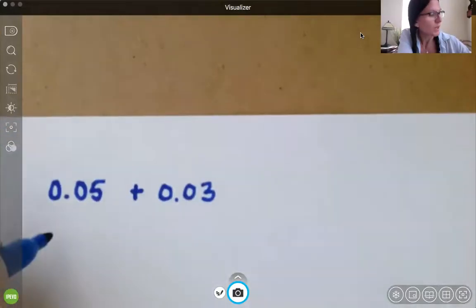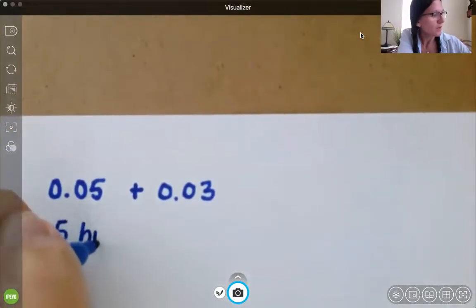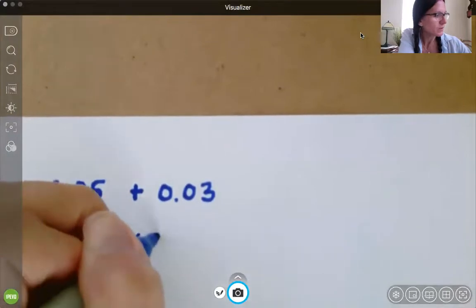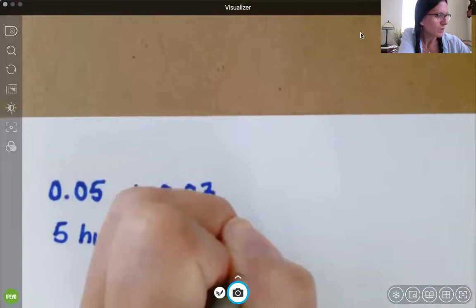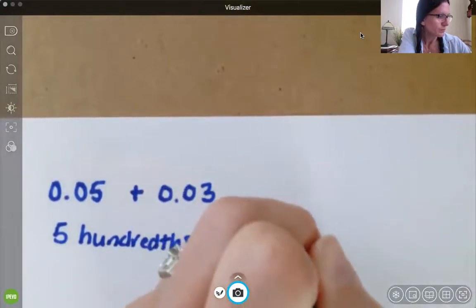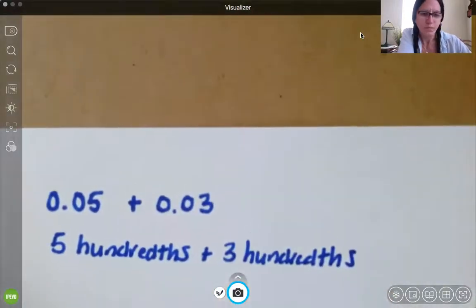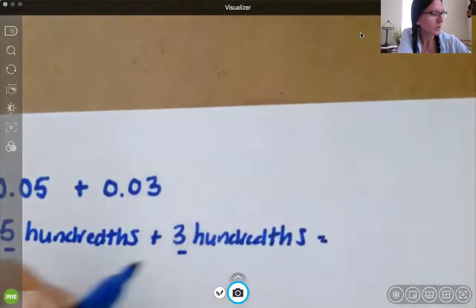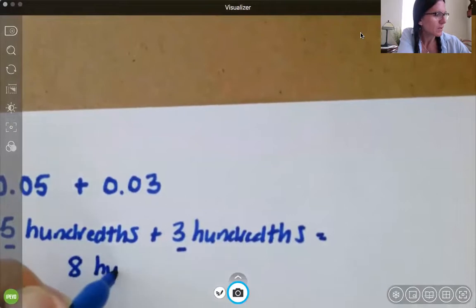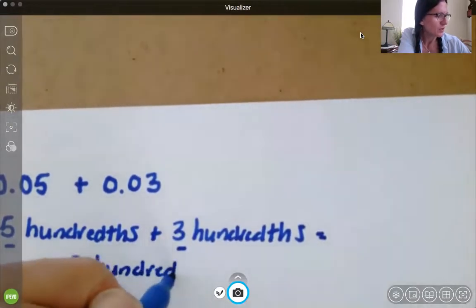I could write it this way, 5 hundredths plus 3 hundredths. And you know what that's going to equal. 5 and 3 is going to equal 8 hundredths.